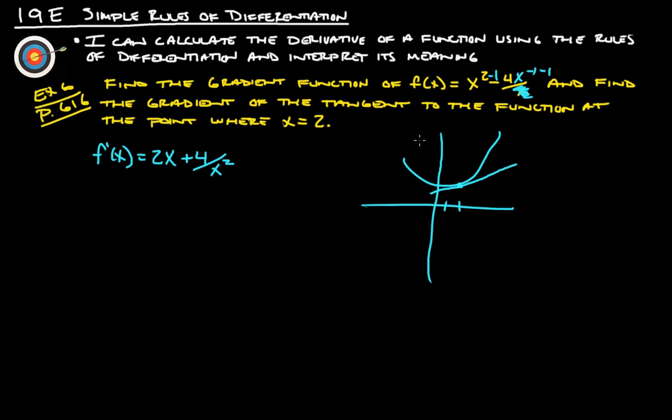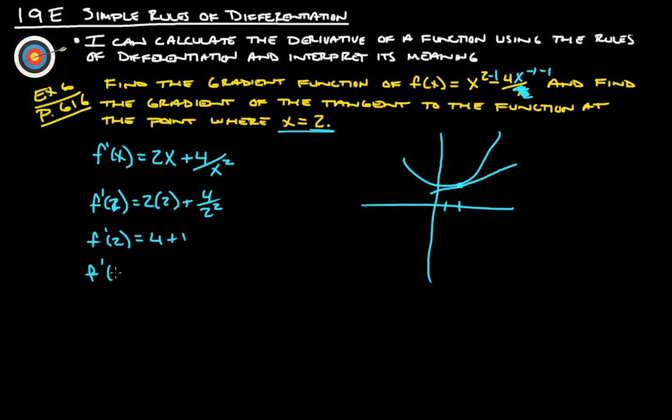We took the derivative, so that's going to help us find this slope right here. Since we need to find it at 2, all we need to do is plug 2 into the derivative. So f prime of 2 equals 2 times 2 plus 4 over 2 squared. I keep putting x in there, but it's supposed to be 2, because that's what we're finding at x equals 2. 2 times 2 is 4. 4 over 2 squared is 4 over 4, so that's plus 1.